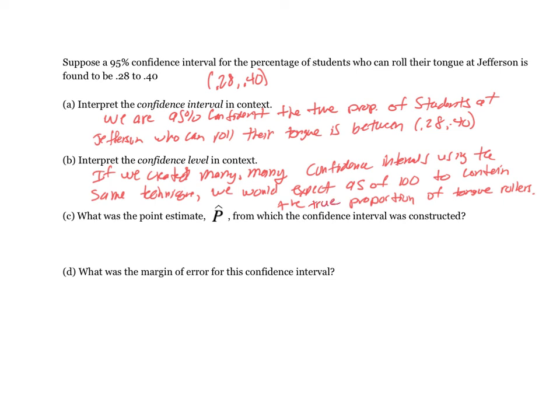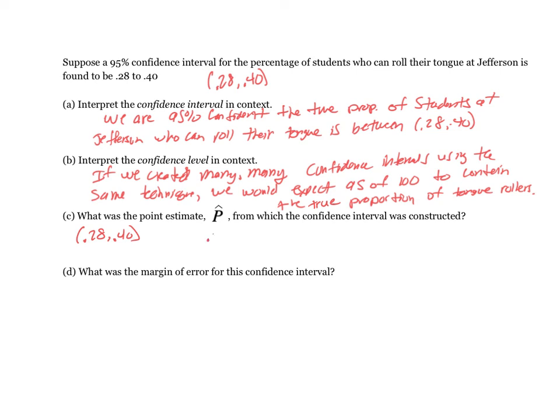Okay. Now, this is interesting. C says, what was the point estimate p-hat from which this confidence interval was constructed? This is a skill you need to have. Remember that the p-hat is right in the middle of the interval. Okay, because remember we do plus or minus the margin of error from that p-hat. So all we have to do is find the middle of our confidence interval, and that's p-hat.